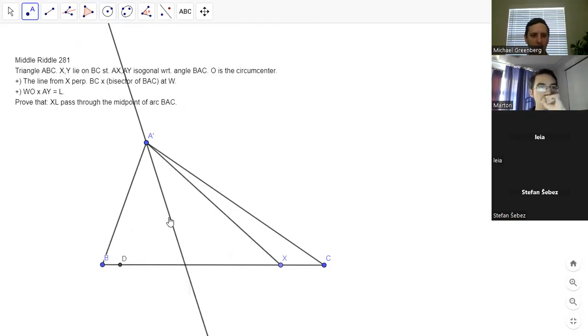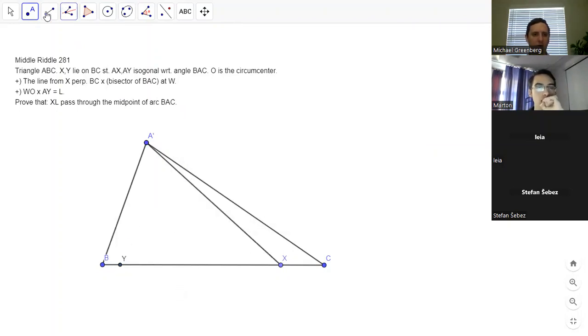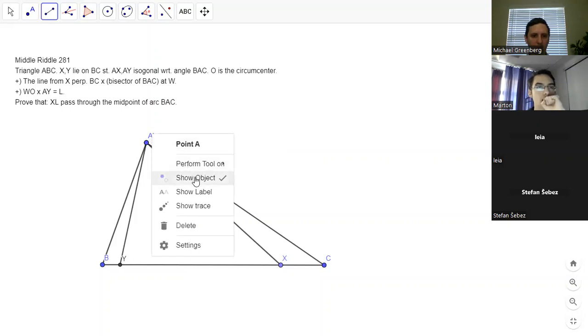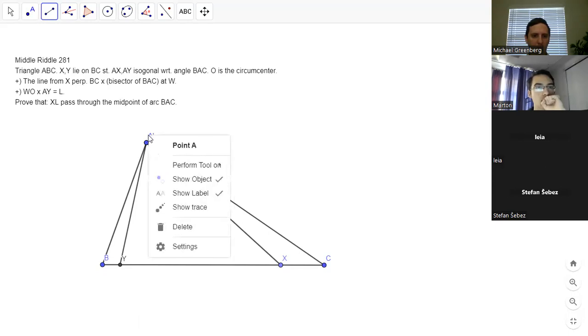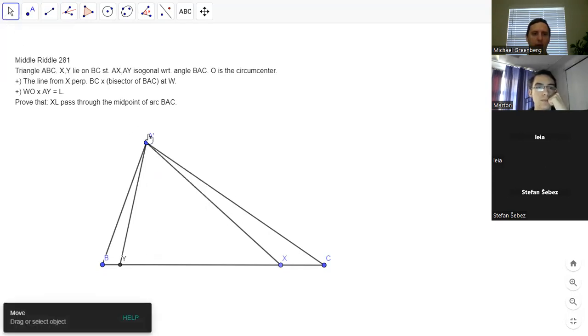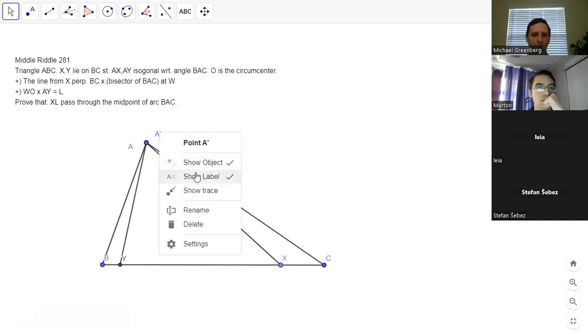Okay. And O is the circumcenter. Let's see, how do I want to hide the A prime and just show the A. So there we go.